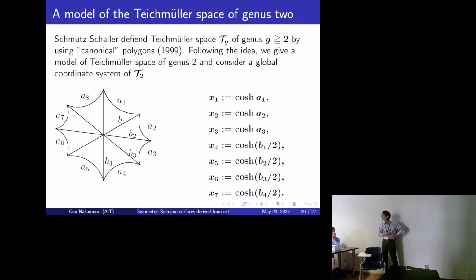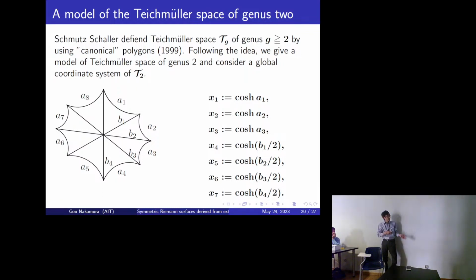The important point is that the opposite sides have the same length. So the length of A1 is equal to the length of A5, A2 is equal to A6, and so on. In the genus 2 case, each opposite vertex has the same angle.